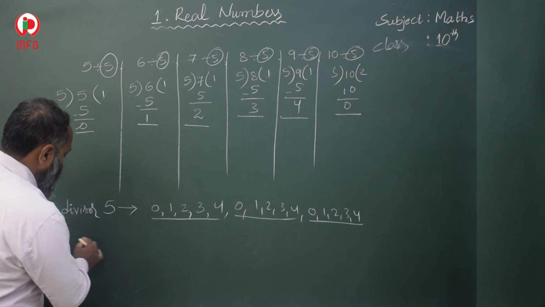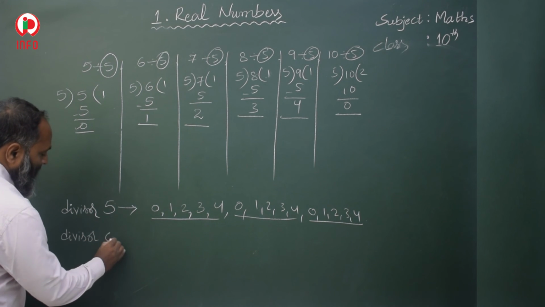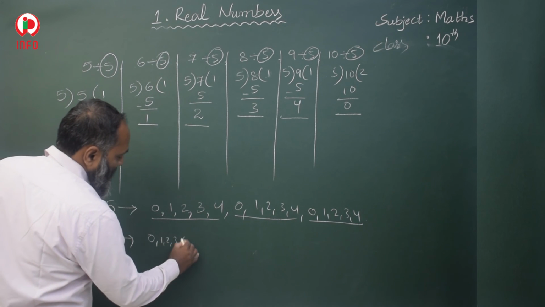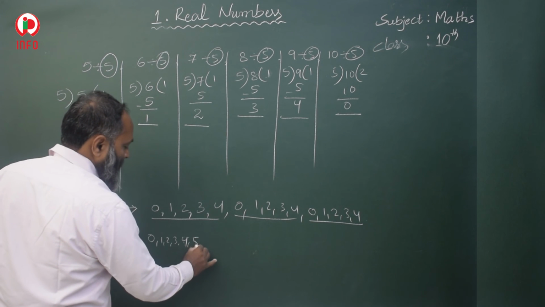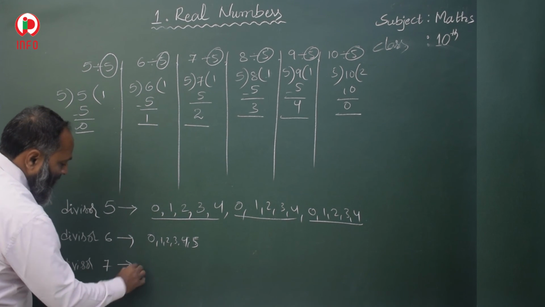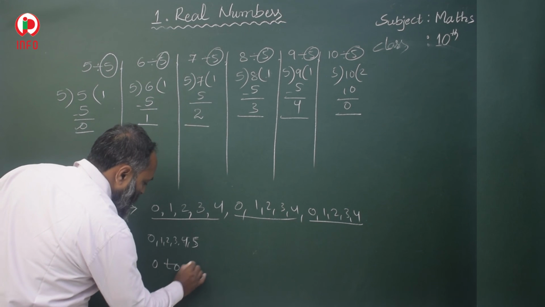When the divisor is 6, the remainders are 0, 1, 2, 3, 4, 5, that is, 0 to 5. When the divisor is 7, the remainders are 0 to 6.